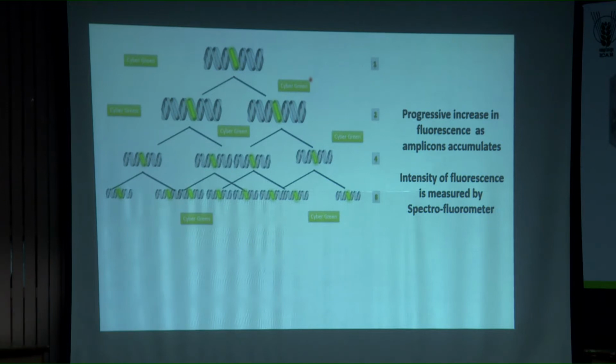So at some point of time, the machine starts capturing the signal from the double-stranded DNA, which is in turn presented to you in the form of a graph. Let's see what's really happening here.